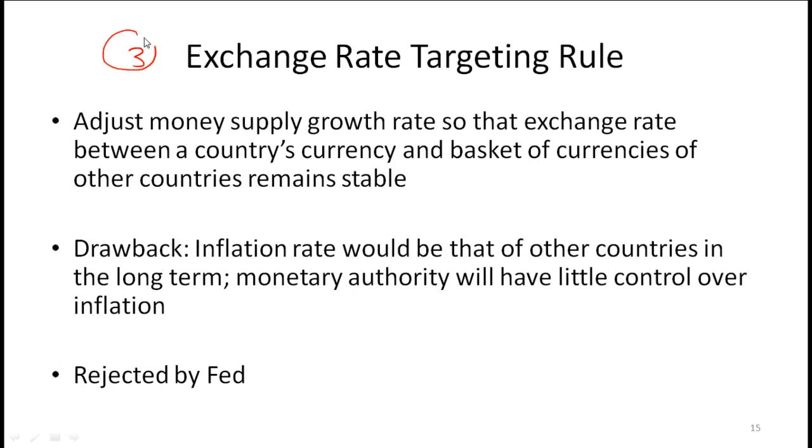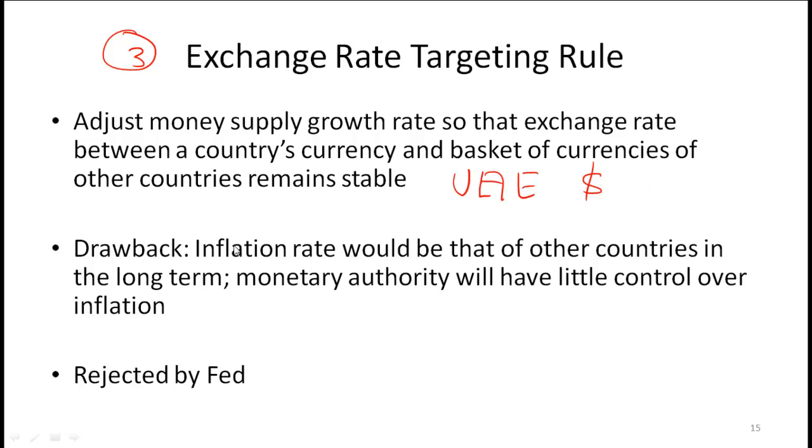Number 3 is the exchange rate targeting rule, which tries to adjust the money supply growth rate so that the exchange rate between a country's currency and a basket of currencies of other countries remains stable. An example is the UAE, which has its currency pegged to the dollar and is considering a peg to maybe a basket of currencies in the future.